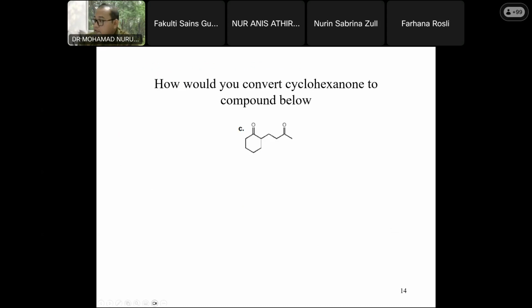The first one is the enolate, and the second one is the alpha, beta unsaturated carbonyl.